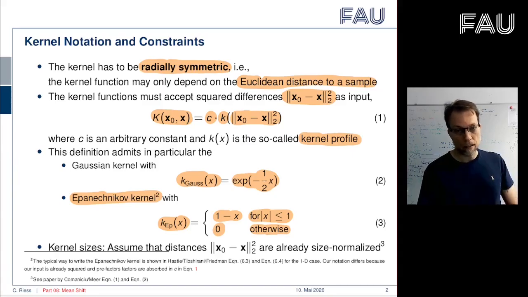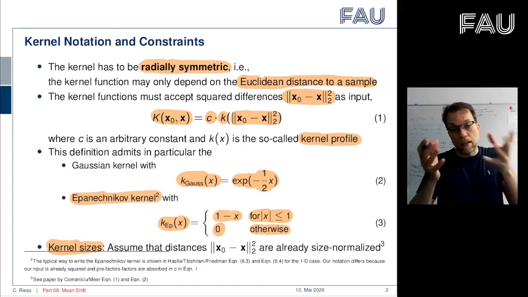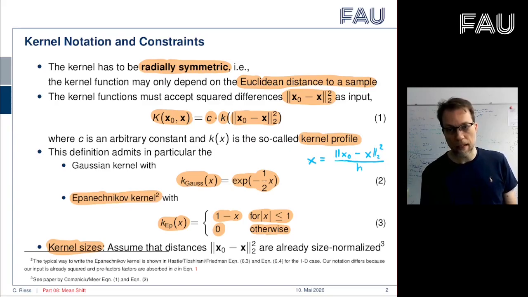I took the definitions from the paper, but where this comes from is that the authors are implicitly assuming that the window size, the kernel size, has been part of the calculation of these squared differences. So actually what we are feeding is something like x0 minus x divided by some window size h. So the size normalization already took place.